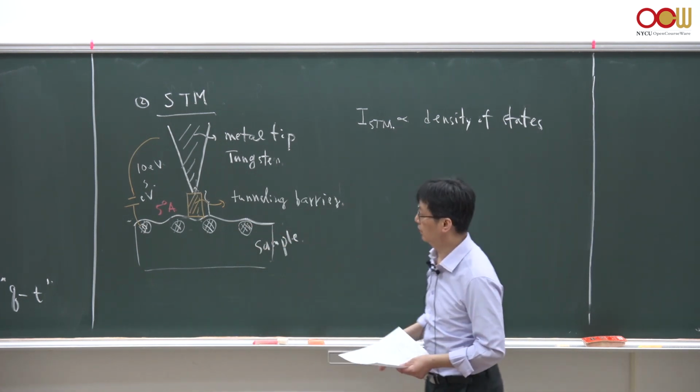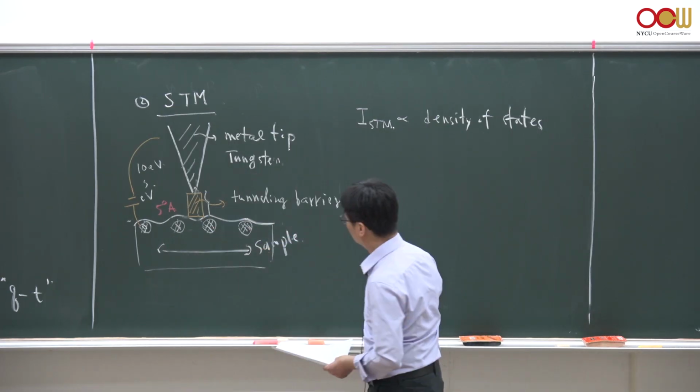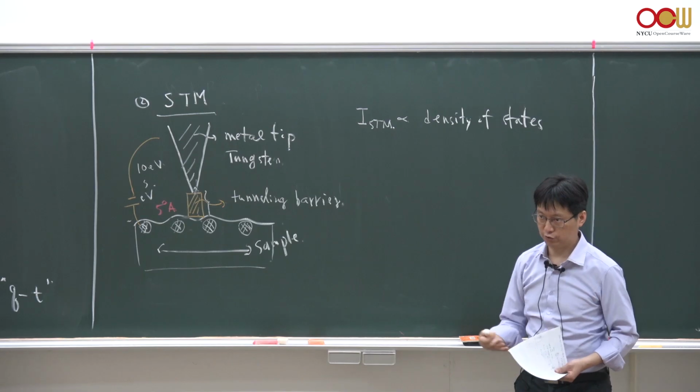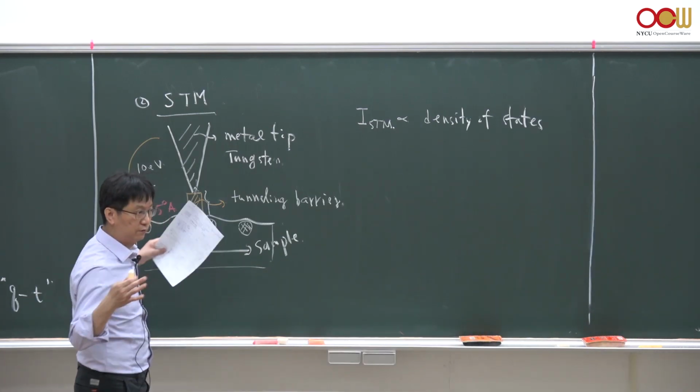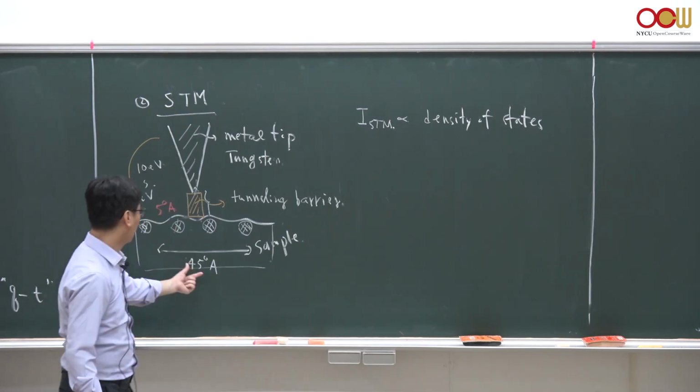This is a very powerful way to resolve the spatial distribution of your charge and your atoms over a very short distance, like 5 angstrom.